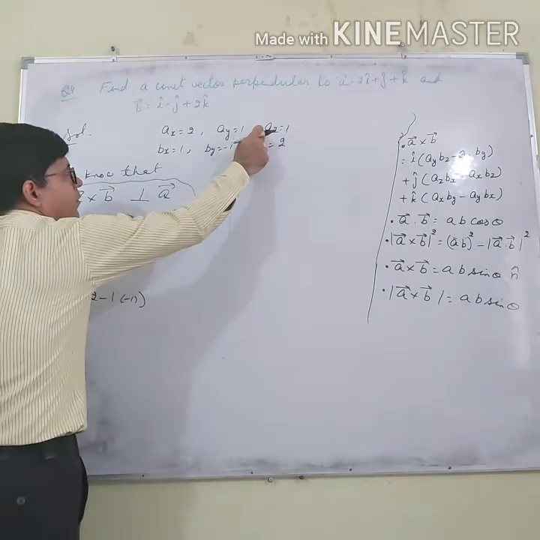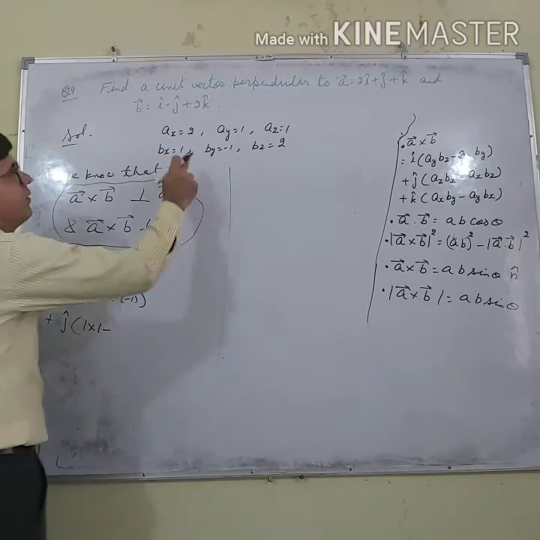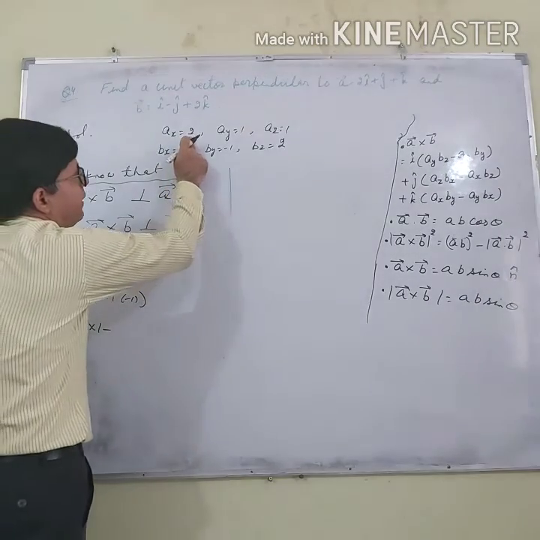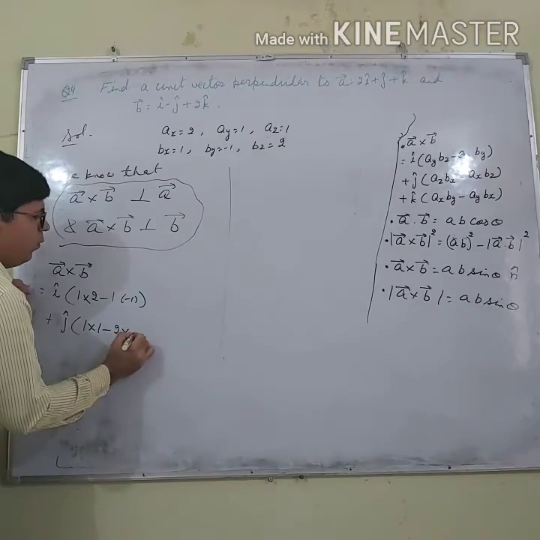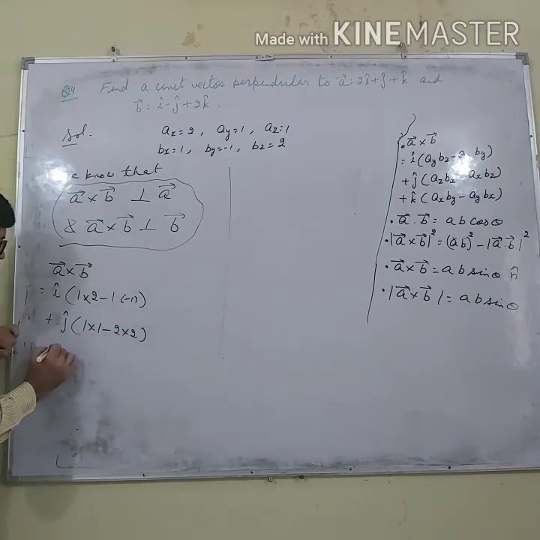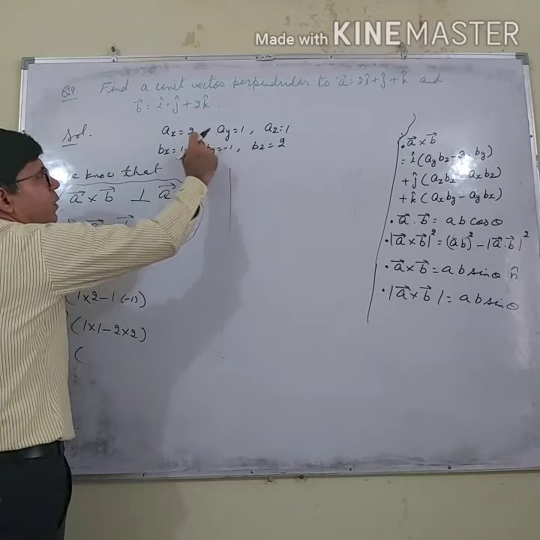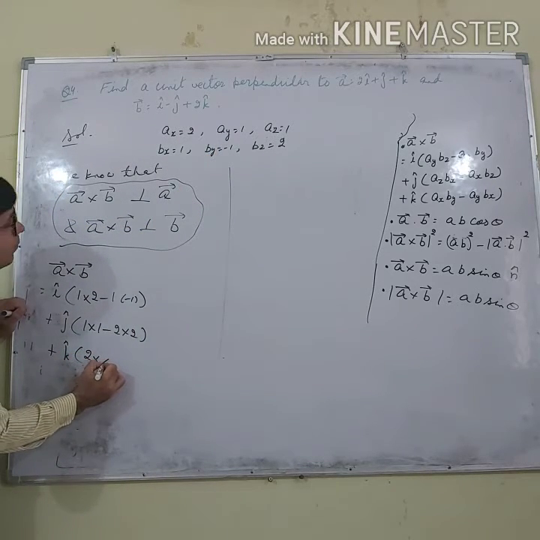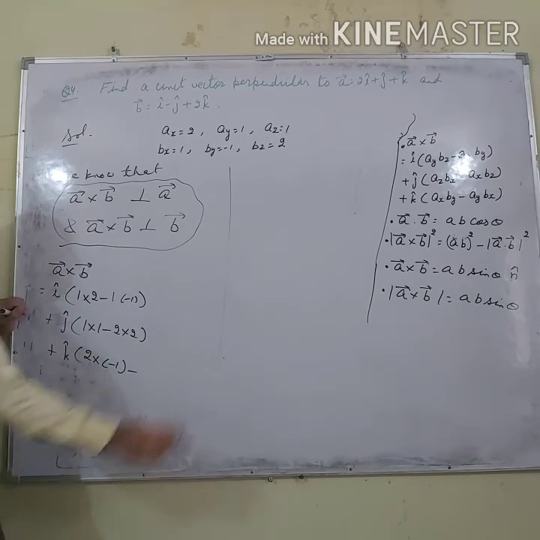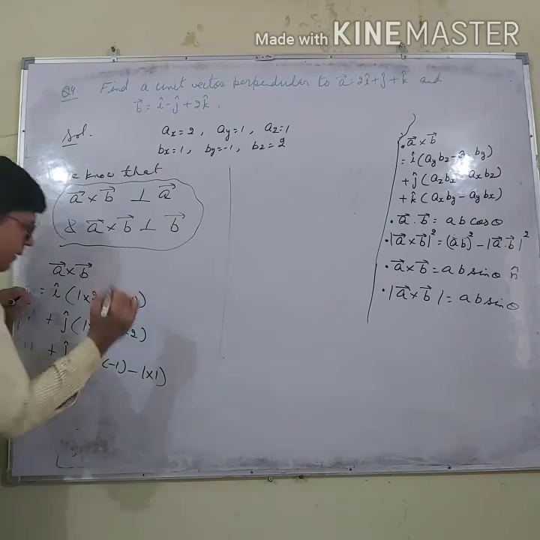So it is ZX. So AZ BY, 1 by 1, minus AX BZ, 2 by 2, and plus K vector, unit vector. K means Z axis, so remove the term of Z axis, only X and Y will participate. It will be 2 multiplied by minus 1 minus 1 by 1, 1 by 1.